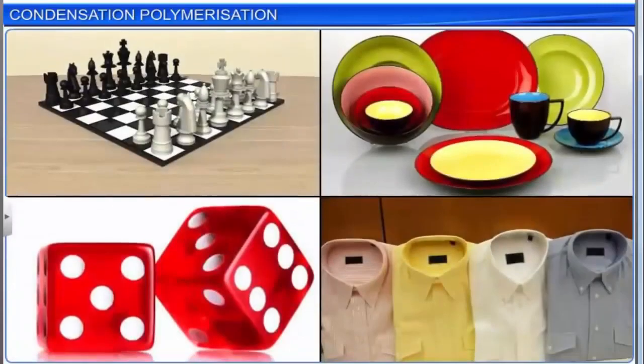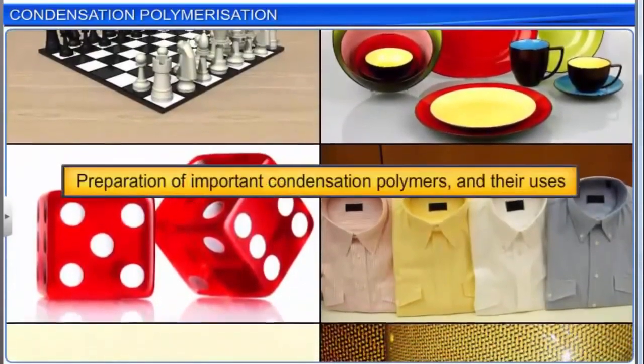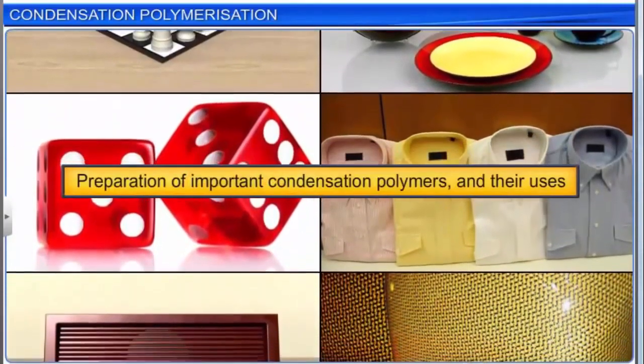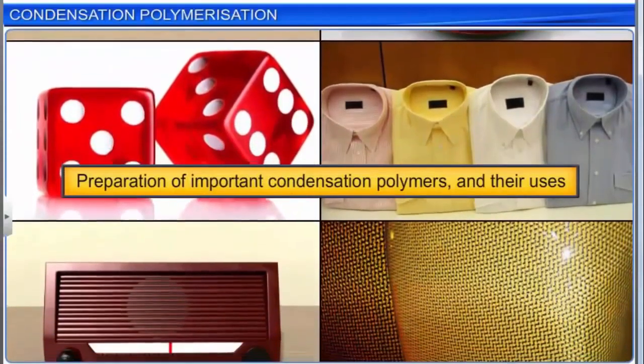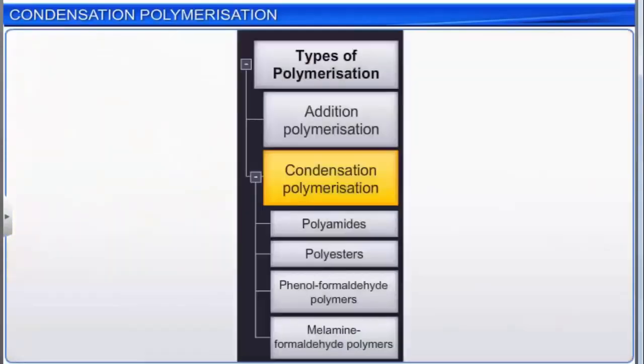Let us now see how some important condensation polymers are prepared and their uses. Polyamides, polyesters, phenol formaldehyde polymers, and melamine formaldehyde polymers are all important condensation polymers.